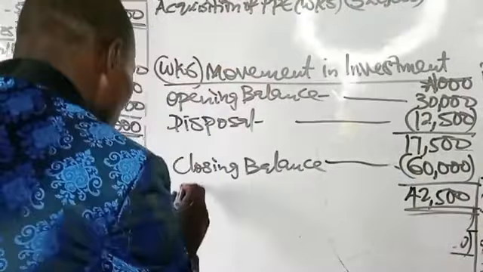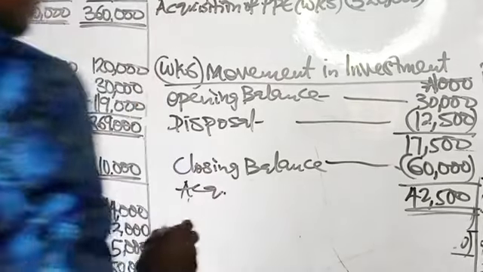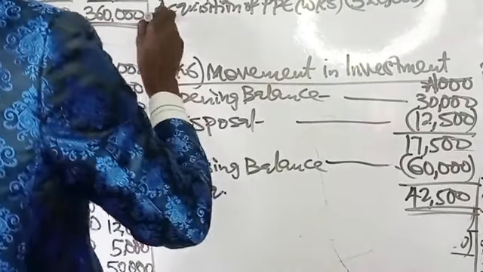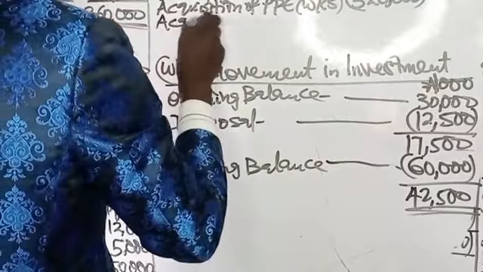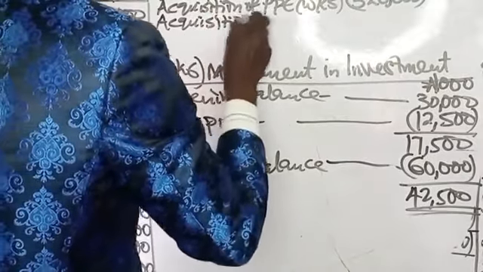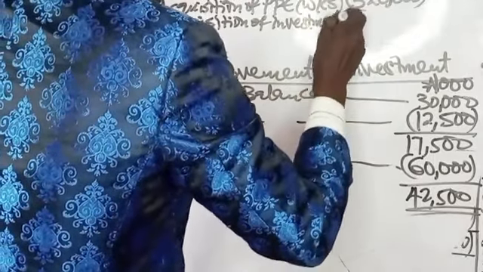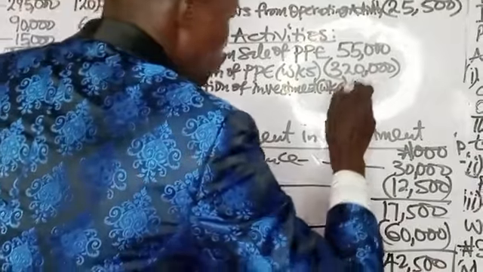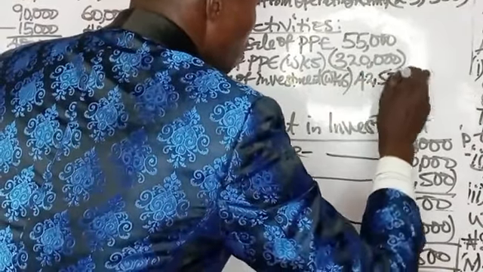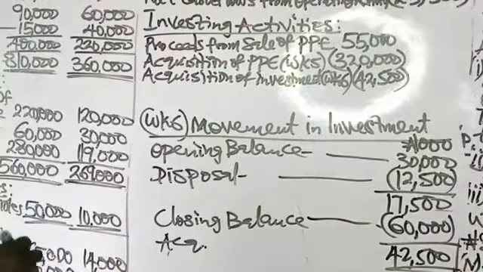So acquisition of investment, working number 6, that is 42.5 million. More cash goes out of the entity.